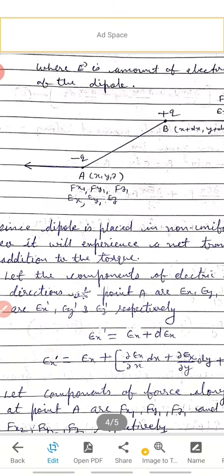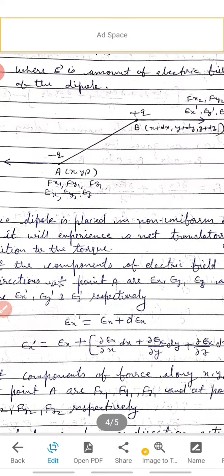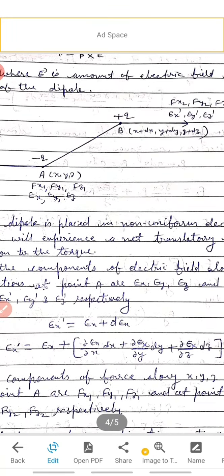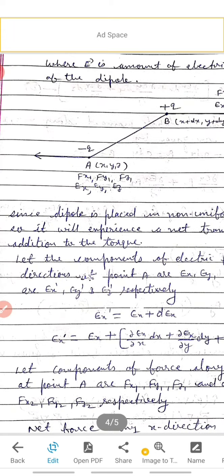Now, this is the diagram which is representing that a dipole is placed in non-uniform electric field. At point B, where positive charge is placed, the electric field values are Ex dash, Ey dash, Ez dash, and at point A, where minus q charge is placed, the electric field's components are Ex, Ey, Ez.